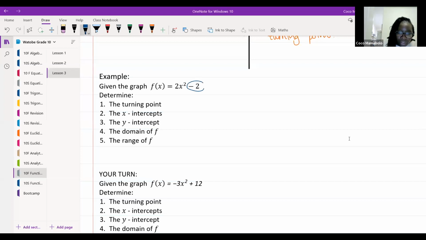This value over here, this -2, is the y value of your turning point. And in grade 10, your x value is automatically 0. So for the turning point, we write 0 and -2.